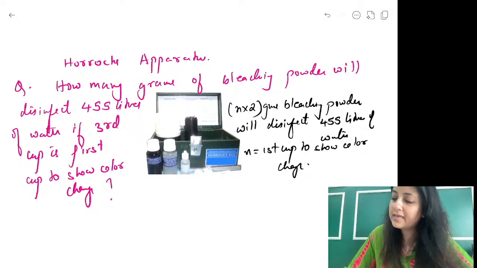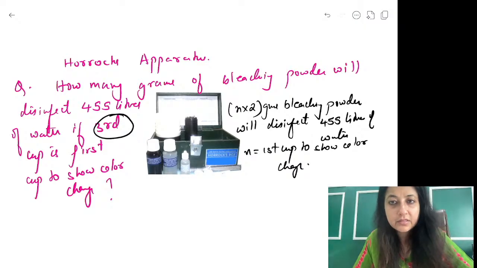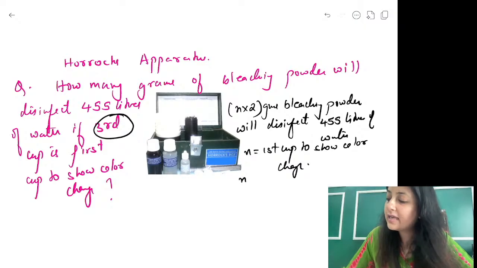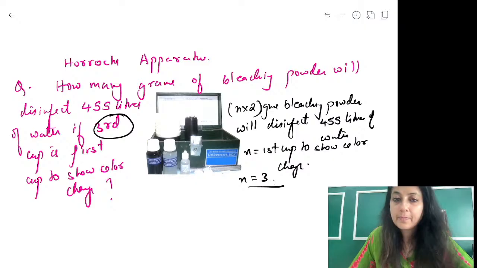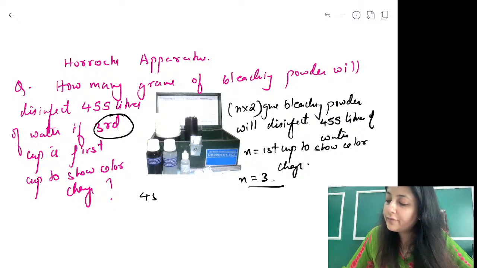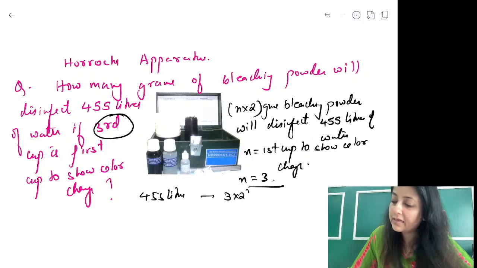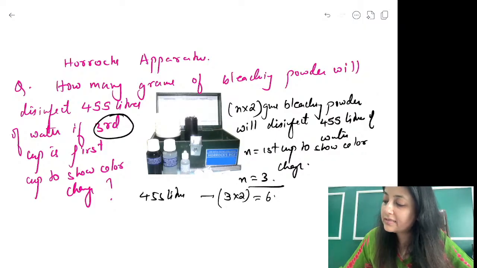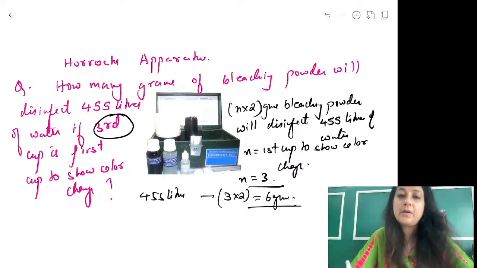So here the third cup is the first cup to show color change. So N is 3. That means 455 liters of water will be disinfected by 3 into 2, which is 6 grams of bleaching powder.